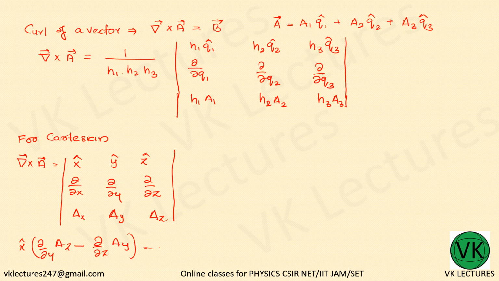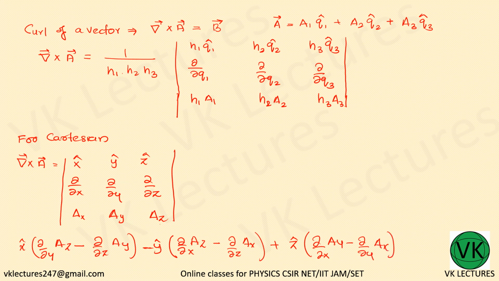Second term will be minus y cap into dou by dou x of Az minus dou by dou z of Ax, plus z cap into dou by dou x of Ay minus dou by dou y of Ax. So this is for the Cartesian coordinate system.